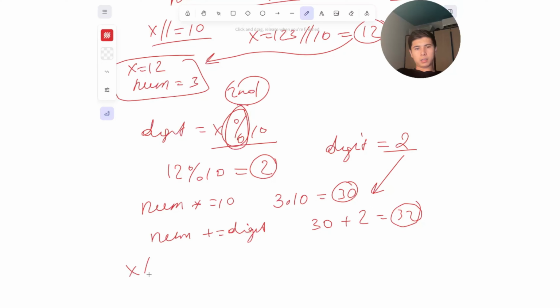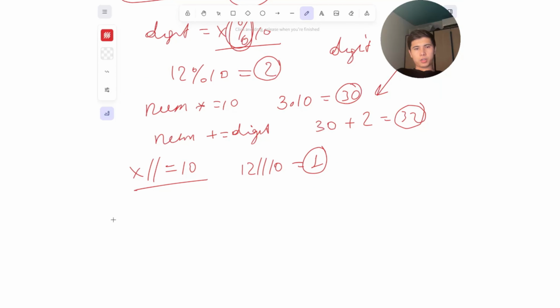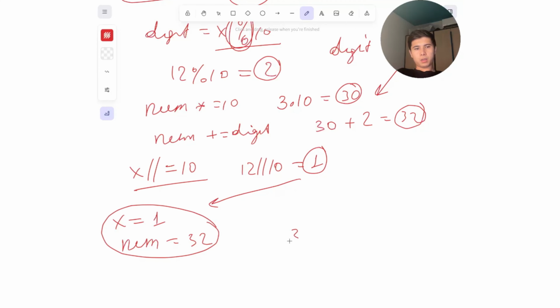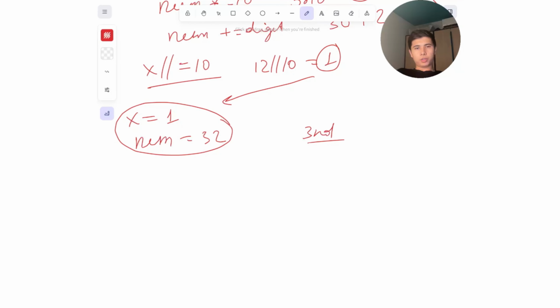And then the process is integer division by 10: 12 divided by 10 equals 1. So after the second iteration, x equals 1, which is here, and our number equals 32.